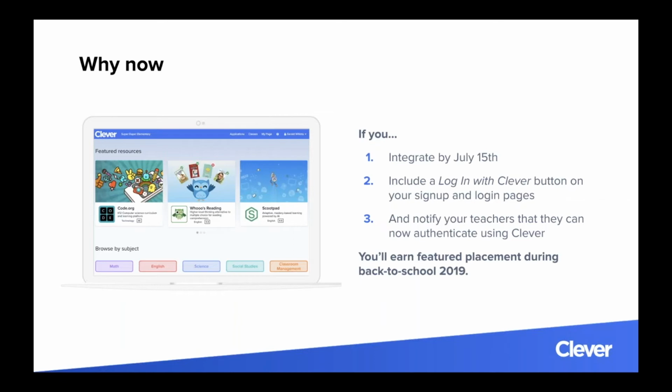And if you do those things, and two more things, which is make sure you've got a login with Clever button on your sign up and login pages, and notify your teachers that they can now authenticate using Clever, we will even feature you for a full week during back to school 2019, when we see the most traffic and the new installs through Clever.